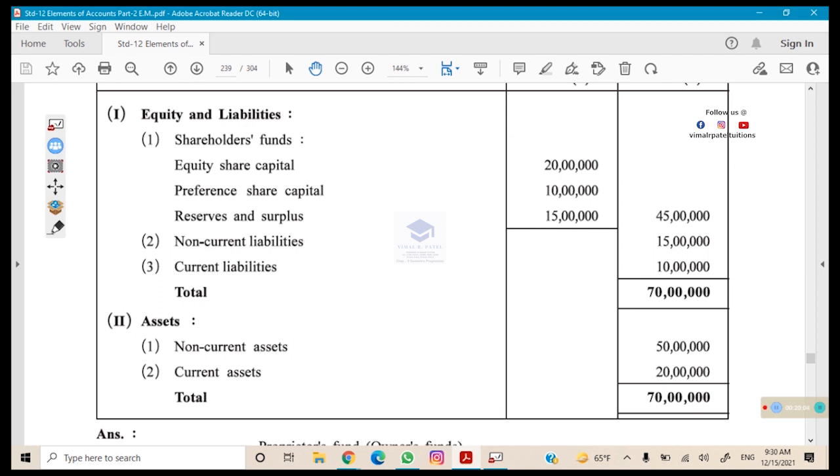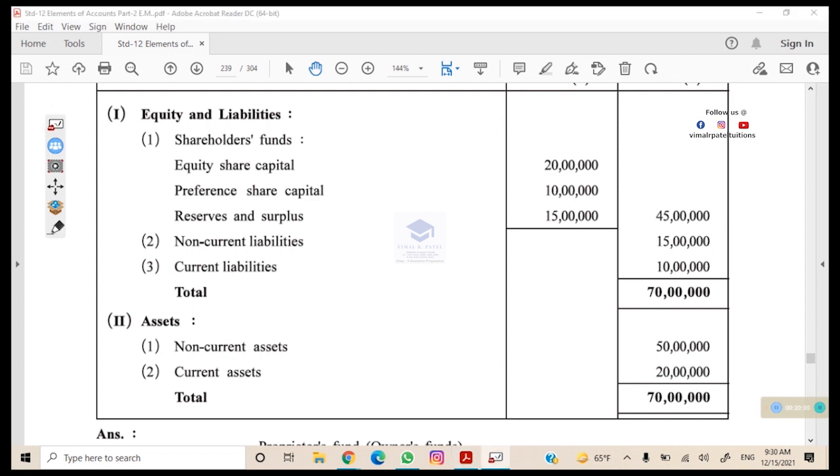Shareholder's fund is proprietor's fund: equity share, preference share, reserve and surplus, if you are going through liability approach. If you are going through asset approach, then total assets, that is 70 lakh, minus non-current liability and current liability, that is 70 lakh minus 15 lakh minus 10 lakh. So 70 lakh minus 25 lakh, then also it will be 45 lakhs. Okay?